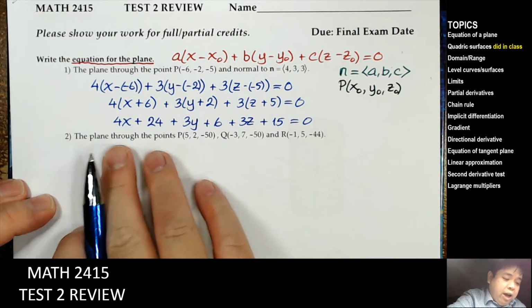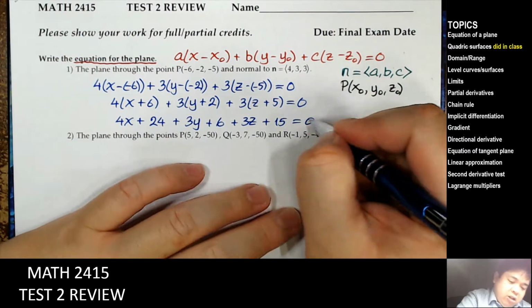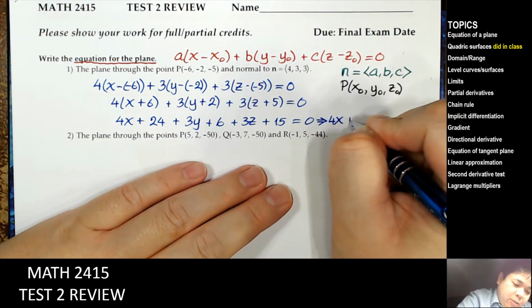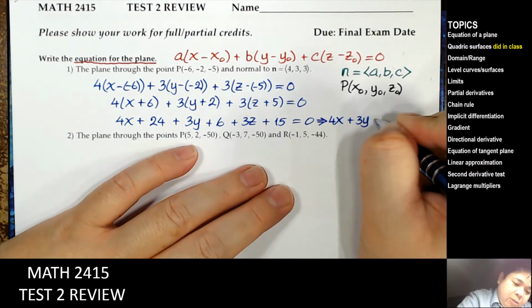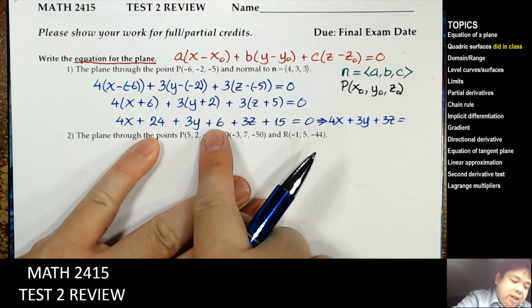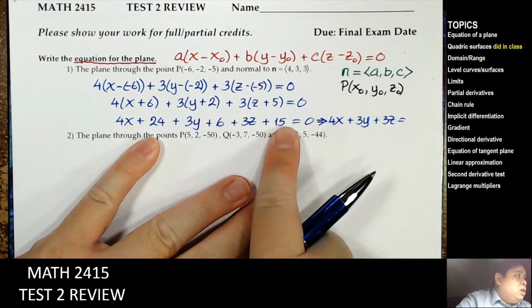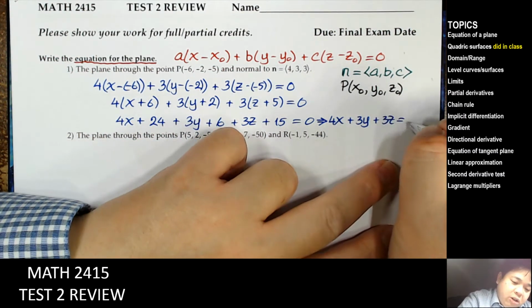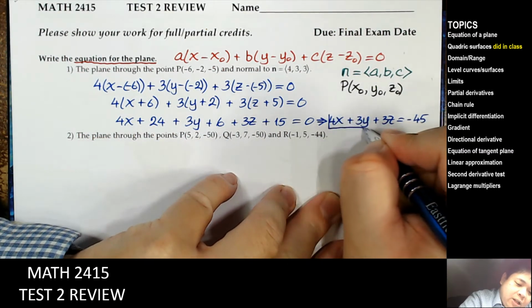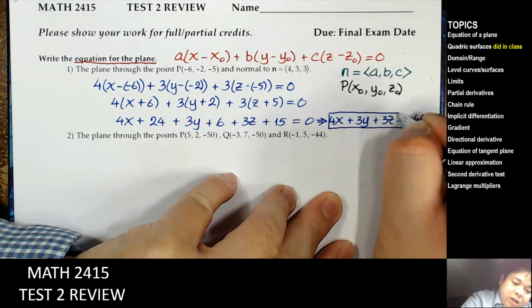And now if we keep x, y, z on one side and move the constant to the other side, we will have 4x plus 3y plus 3z, and 24 plus 6 is 30, plus 15 is 45. Move to the other side, that is negative 45. And that is the equation of a plane.